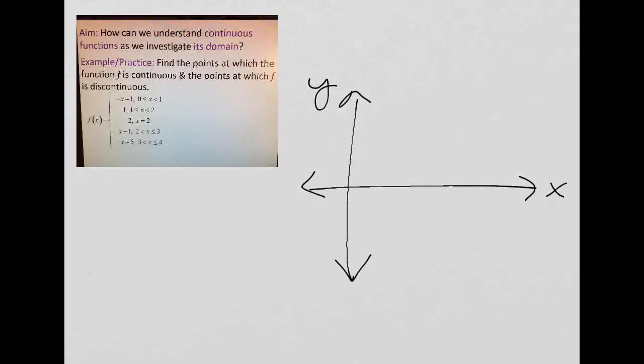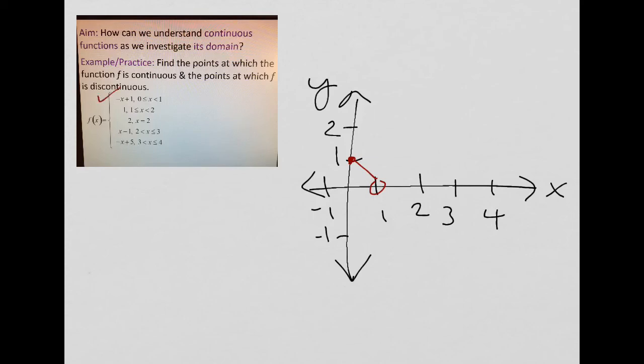Okay, so I drew my axes, really going from 0 to 4, but it's nice to see some other values if necessary. Okay, so we're going to plot from 0, so it includes this value, it'll be a closed circle, down to 1 where it's not including it, so it's an open circle. Makes sense, it's a negative slope.